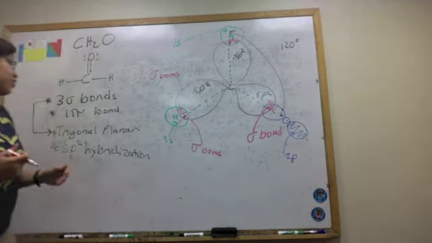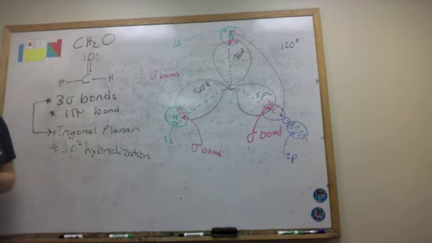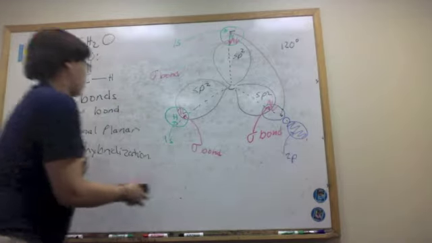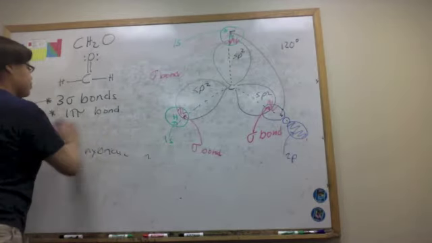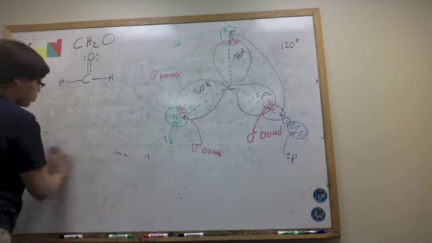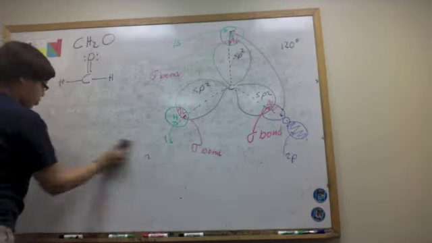We now need to describe the 1 pi bond that's in formaldehyde. We can do that as follows. We first need to represent the sigma framework. We can do that by drawing our carbon-oxygen bond in the horizontal axis.